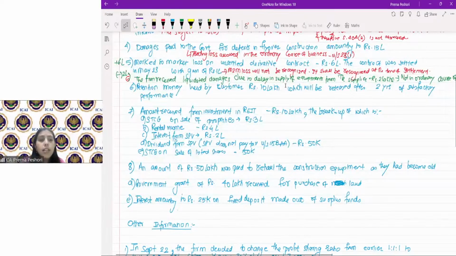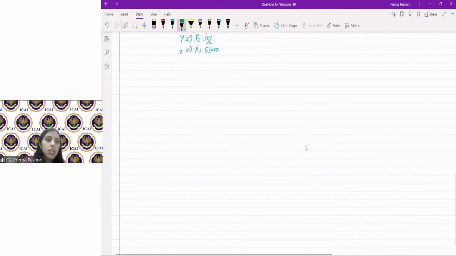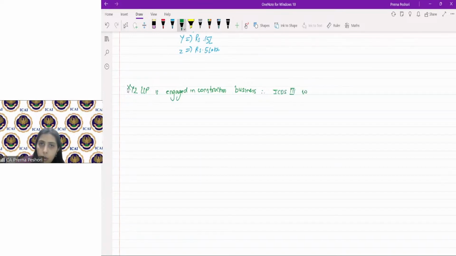The first note that you will write, in the exam, if this kind of question comes up, is that XYZ LLP or firm is engaged in construction business. Therefore, ICDS 3 will be applicable.